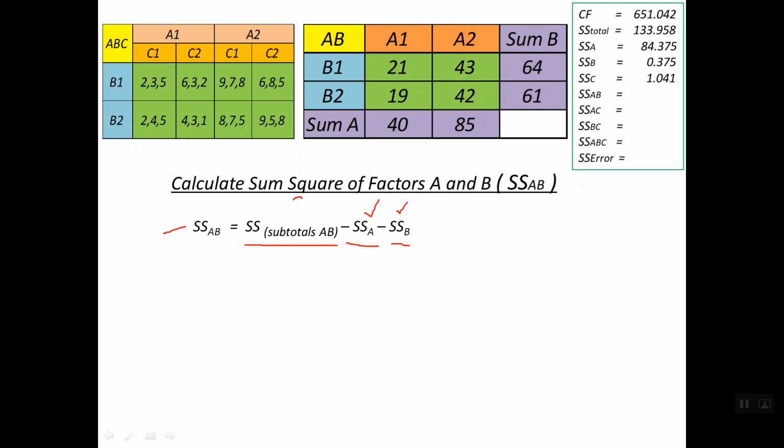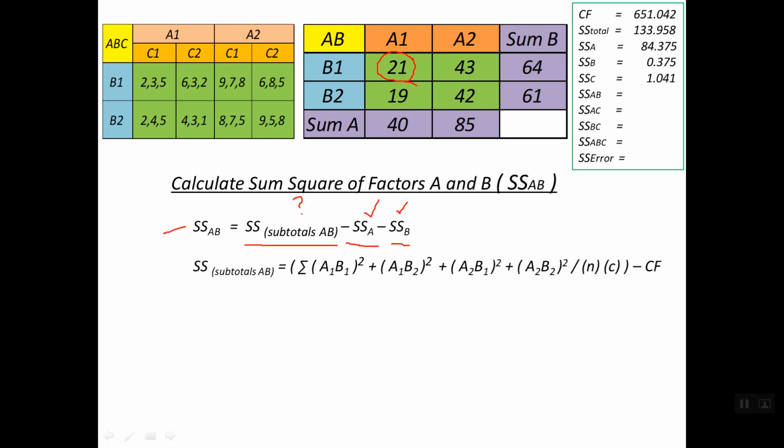So the unknown value is the SS for the subtotals A and B. Notice here we have 4 values for the combination between A and B. Simply they are A1B1, A1B2, A2B1, and A2B2.